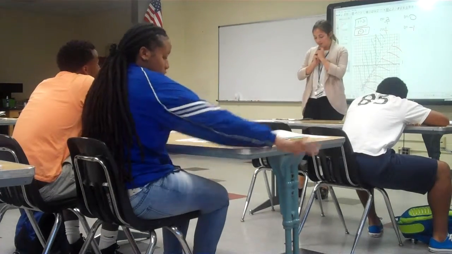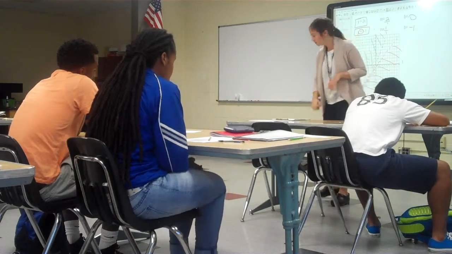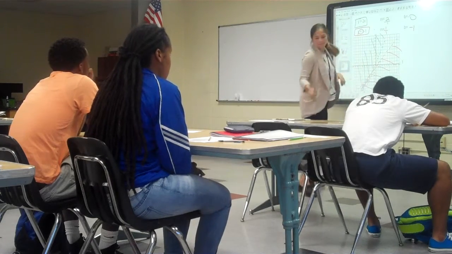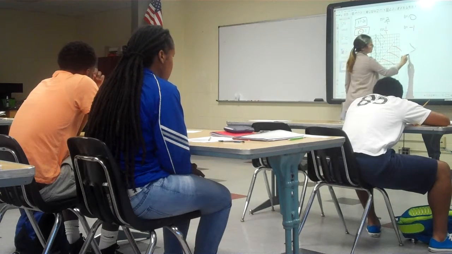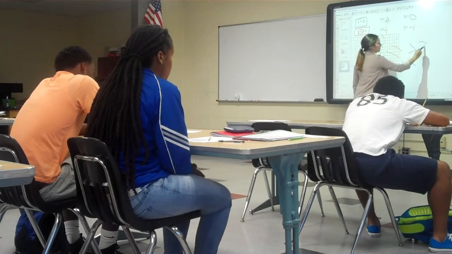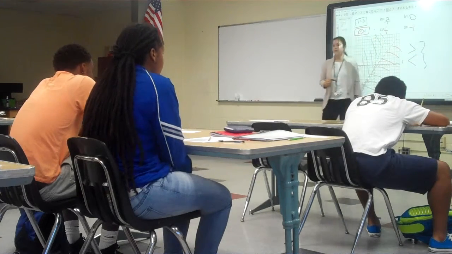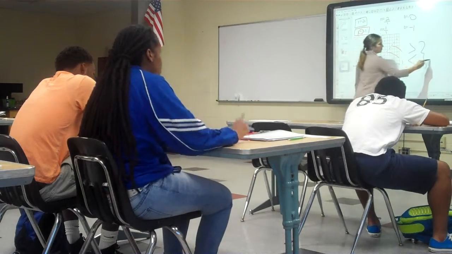Oh, hold on. So it says on your worksheet, based on our inequality, what does our line look like? If we have greater than or less than, our line is going to be dashed.